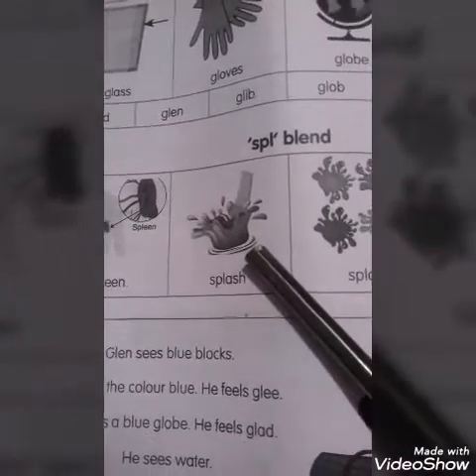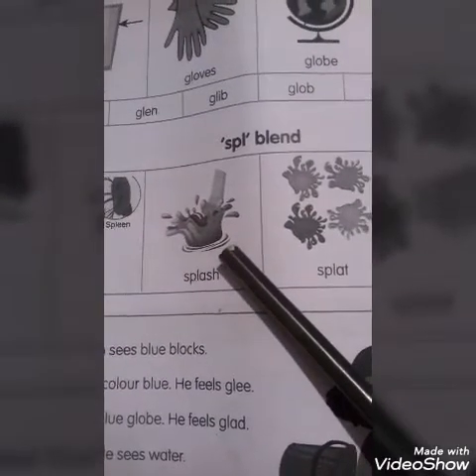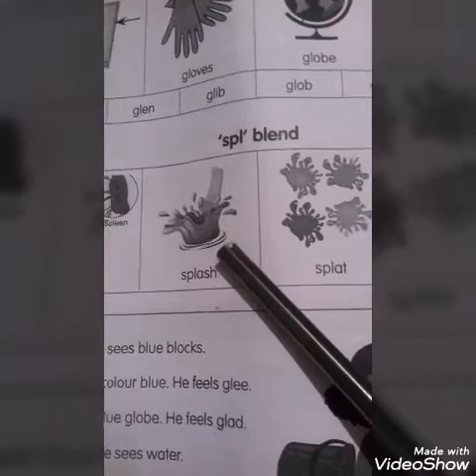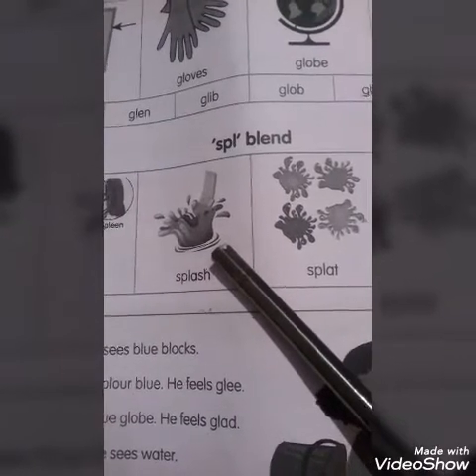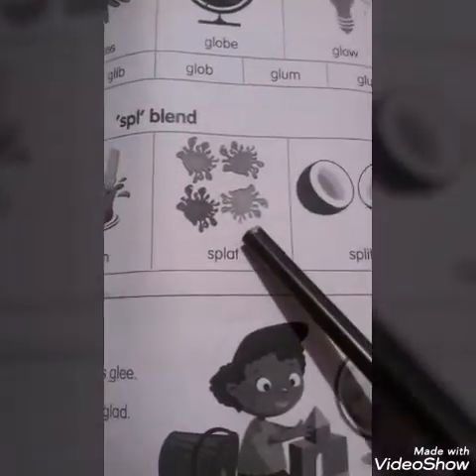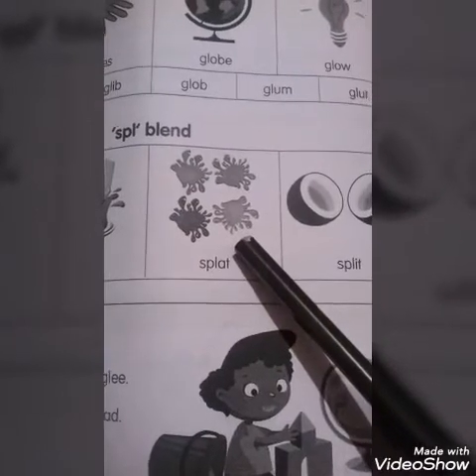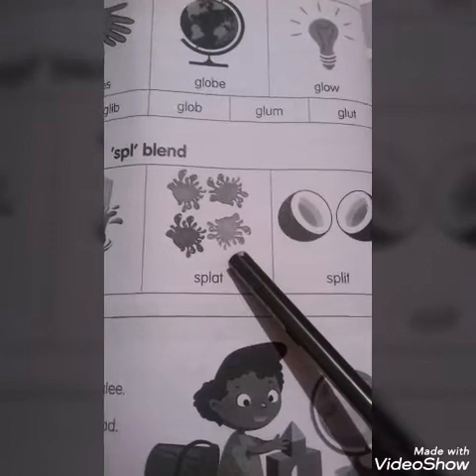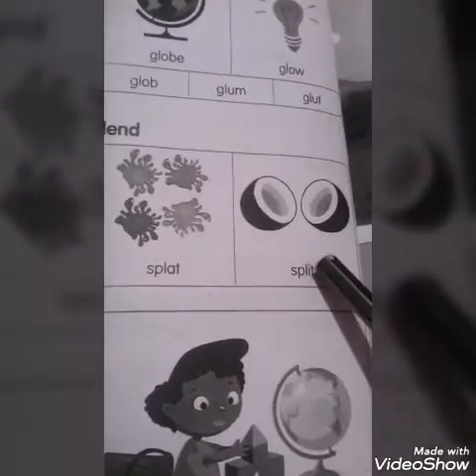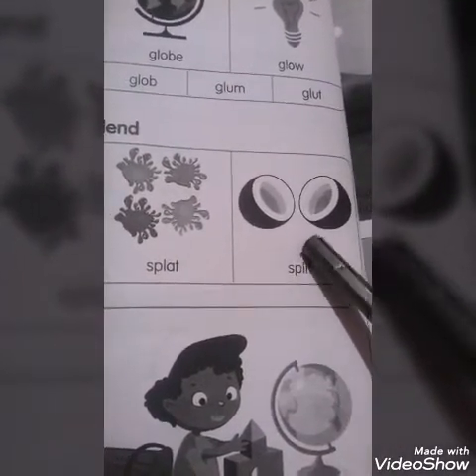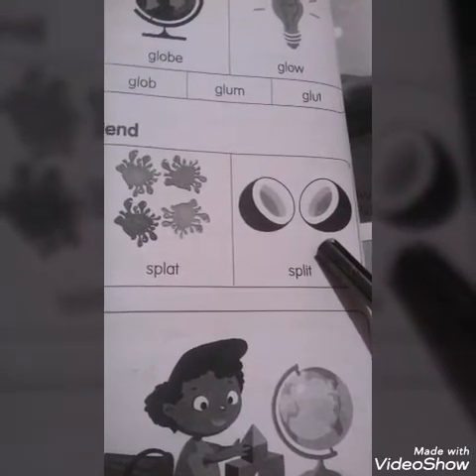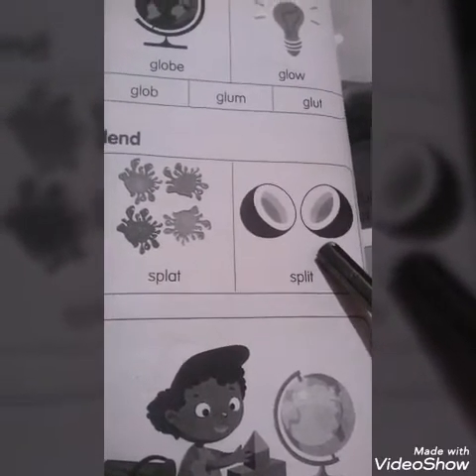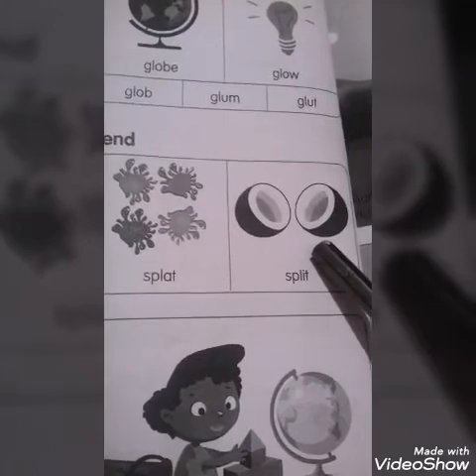What is this? Splash. What is this? Splat. What is this? Split.